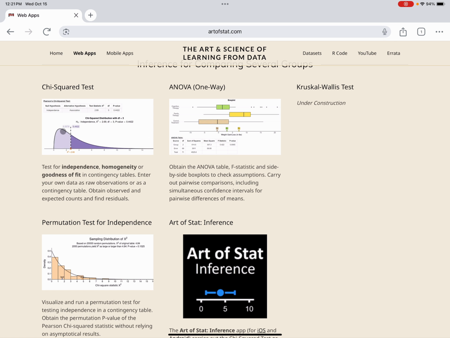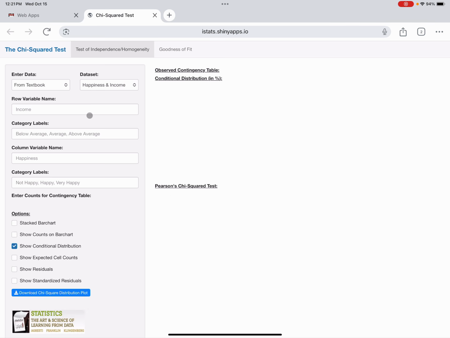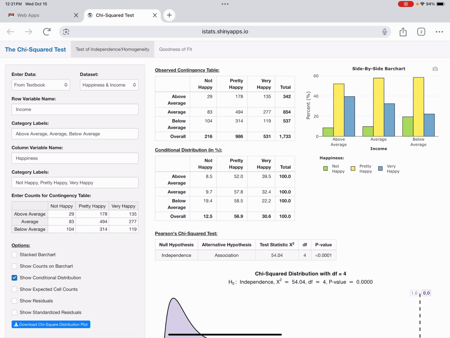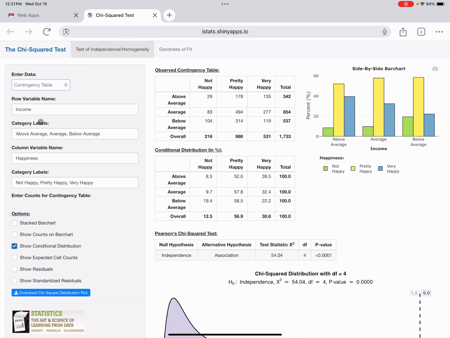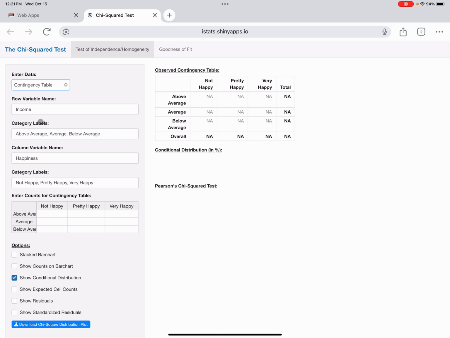Okay, so I'm going to open up that same chi-squared test app. And this time I want the test of independence / homogeneity, so it's already set up to run that test, which is good. So to set it up, notice that, well, first of all, let's not do the example from the textbook. Let's go ahead and go over to contingency table.